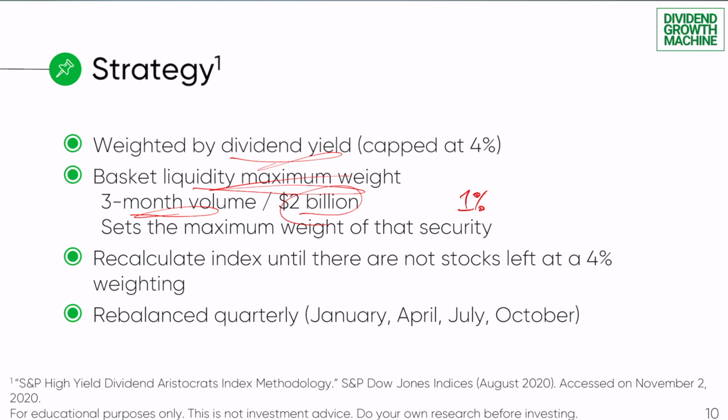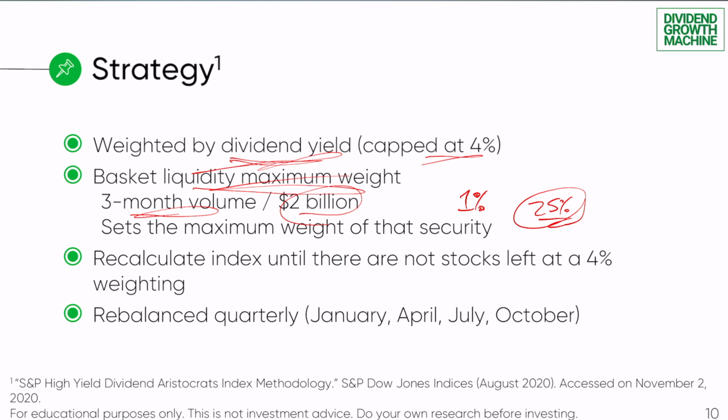So even if a stock had a 25% dividend yield, in accordance with this original strategy here, as we've said above, this 25% dividend yield would be weighted at 25%. However, we see that the cap is no more than 4%.